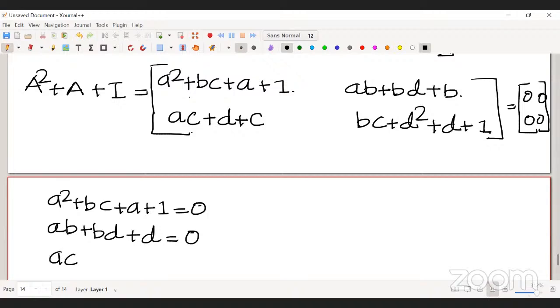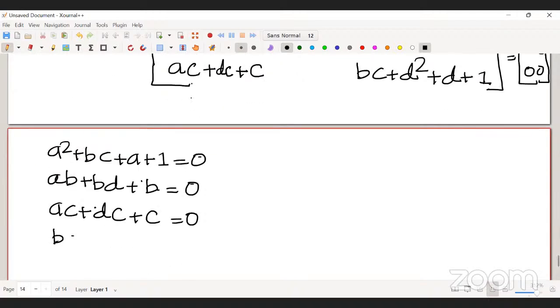Then AC plus DC plus C equal to 0, for the second row.